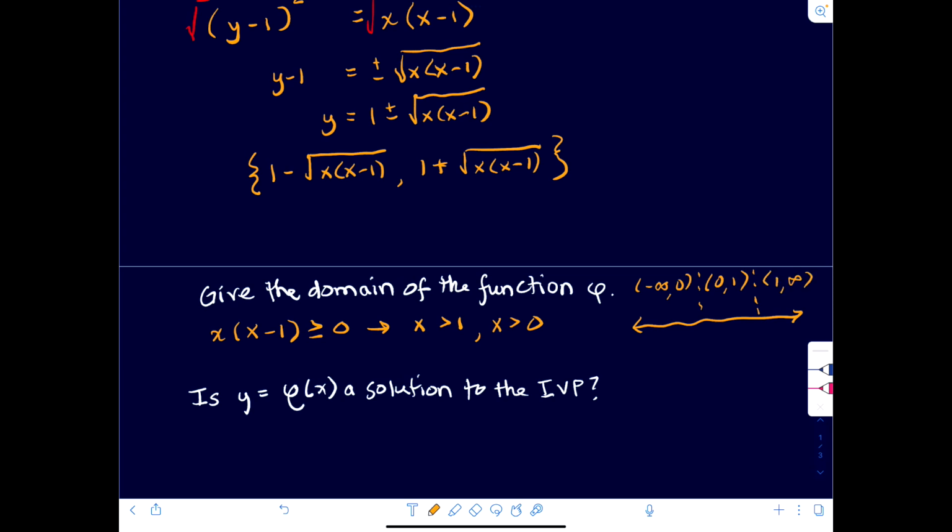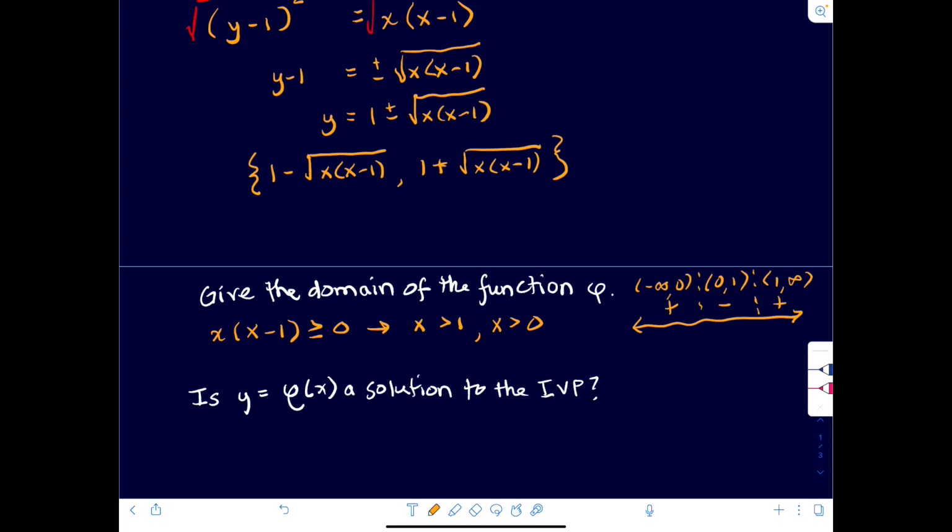If x is greater than 1, we're all good, we end up with a positive number. If x is between 0 and 1, we end up with a negative number. And if x is negative, we end up with a negative times a negative, which is positive. So we're good to go.